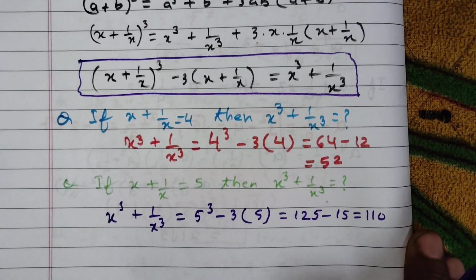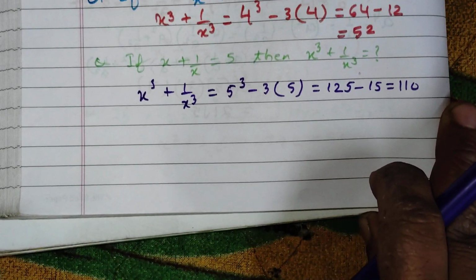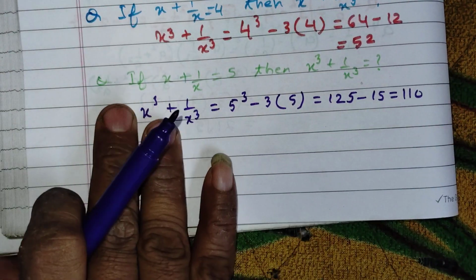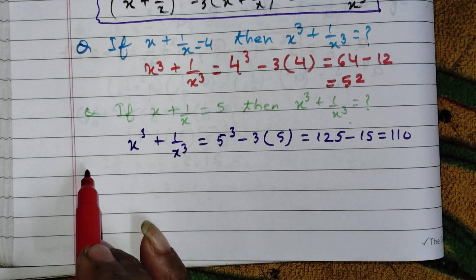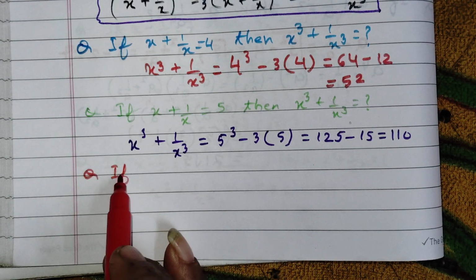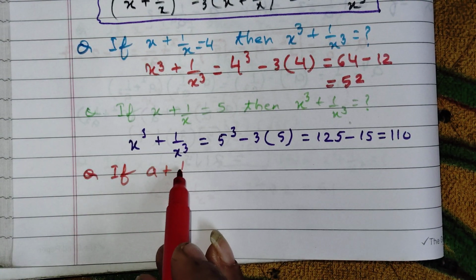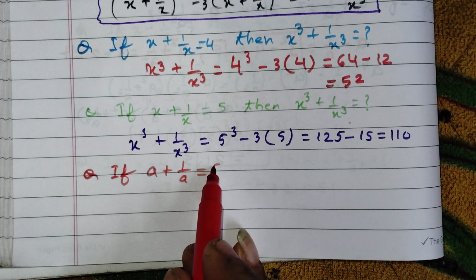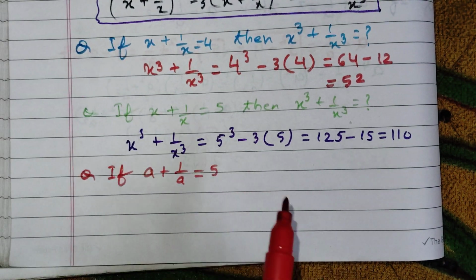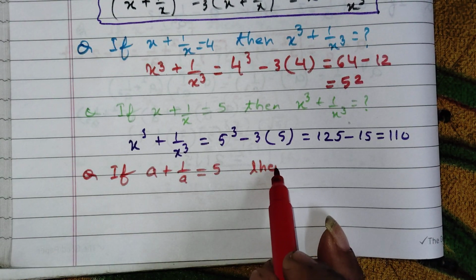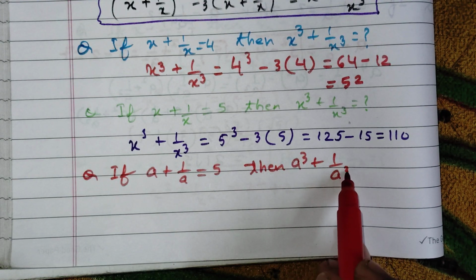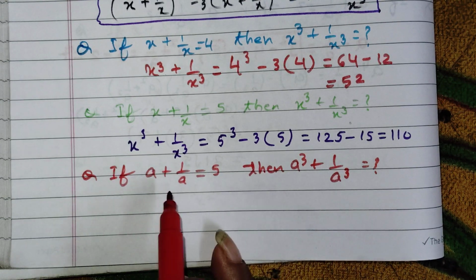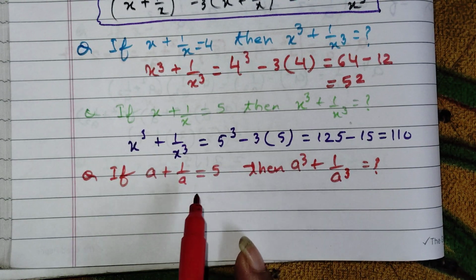Next question, similar pattern. We have, if a plus 1 upon a equal to 5, then find a cube plus 1 upon a cube. So a plus 1 upon a is 5.